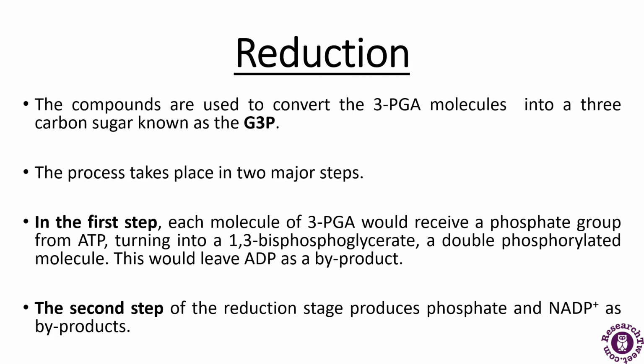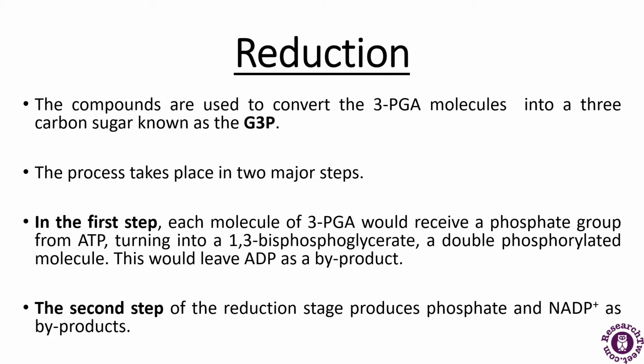In the first step, each molecule of 3 PGA would receive a phosphate group from the ATP, which is turning into 1,3-bisphosphoglycerate, which is a double phosphorylated molecule. So this would leave the ADP as a byproduct.